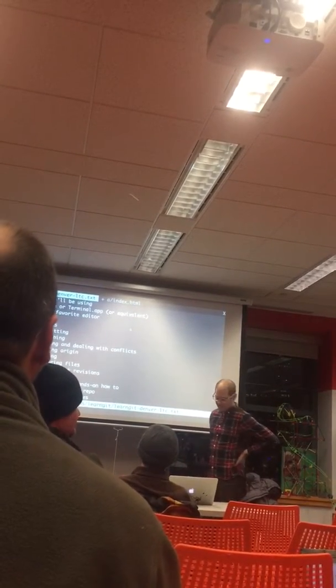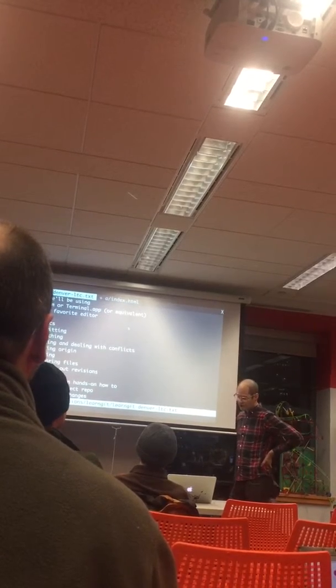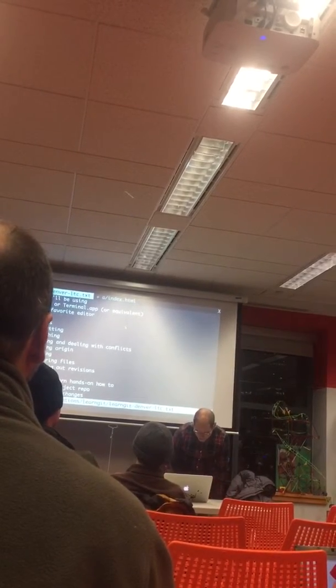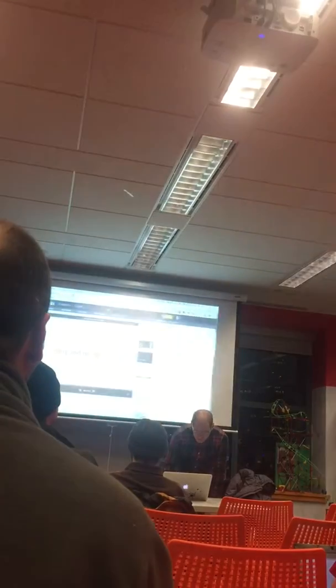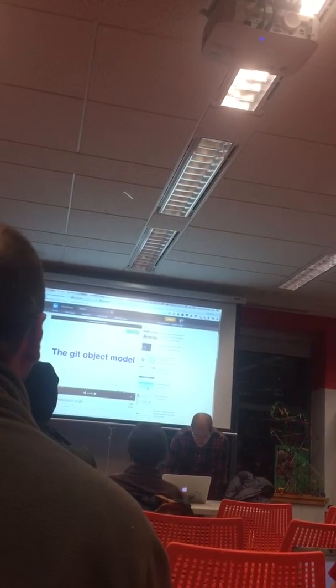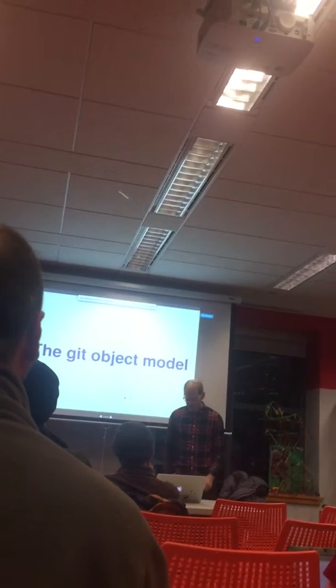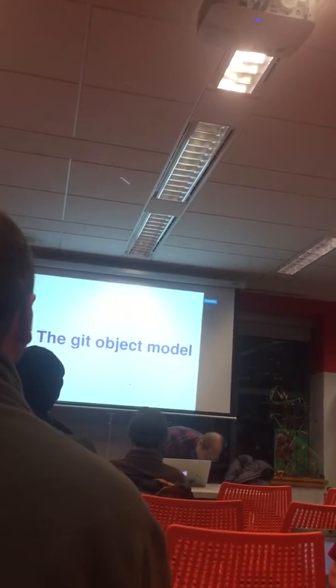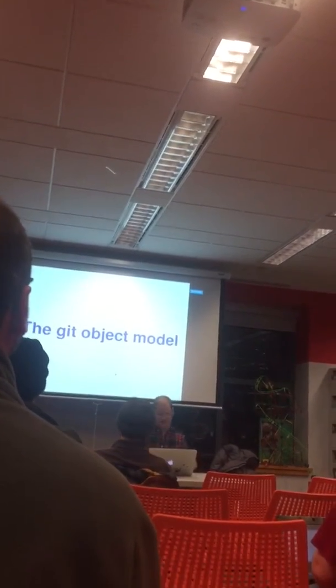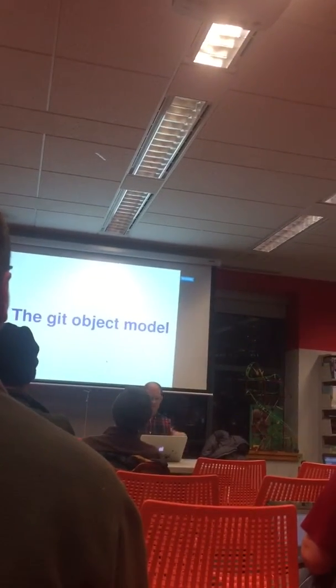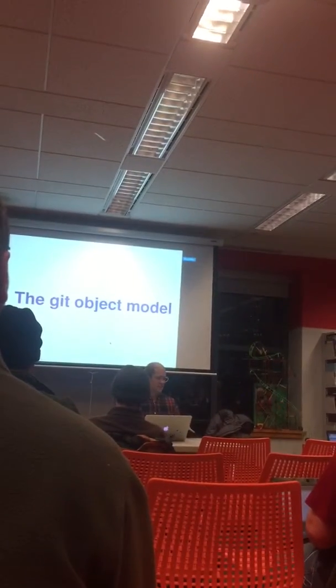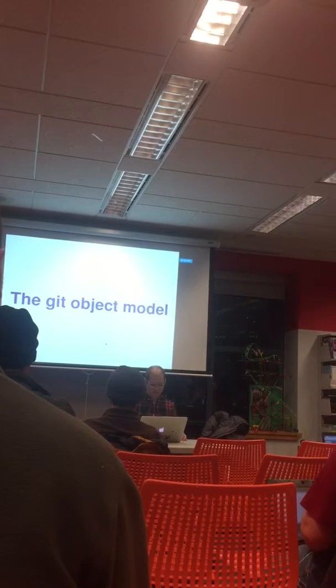Now, the first thing I really want to do is show a couple of pictures, an overview of the Git object model. Since most of you have used Git, I'm not sure everyone's looked at the object model. I found a great set of slides that, to me, elucidated how things are connected and how they work together.